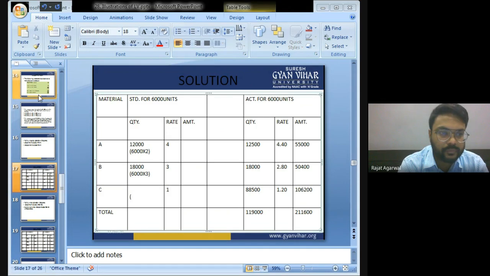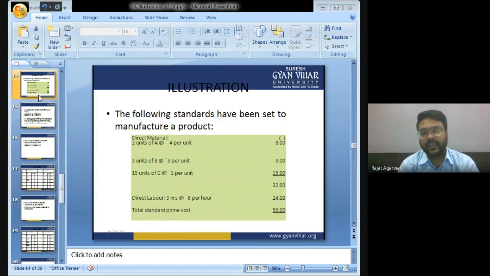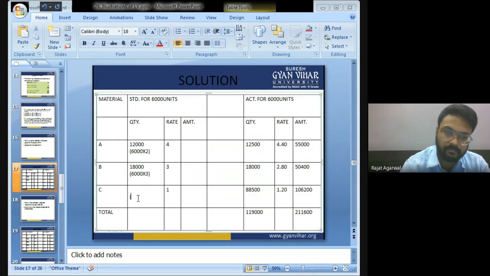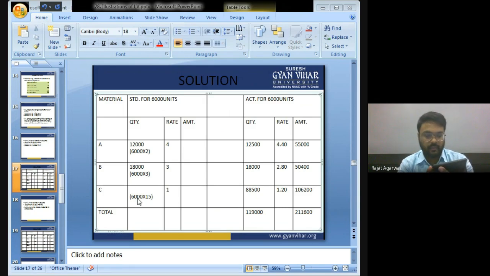Now 15 units of C are required to manufacture 1 unit of finished product. Then how many units of C will be required to manufacture 6,000 units of finished product? That is 6,000 into 15, 90,000.